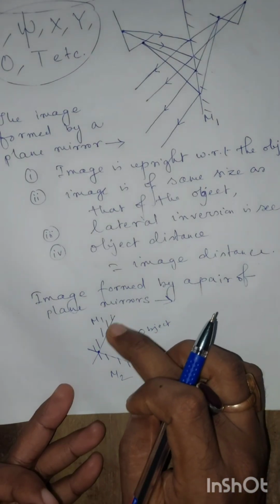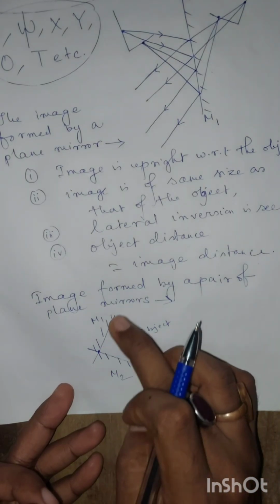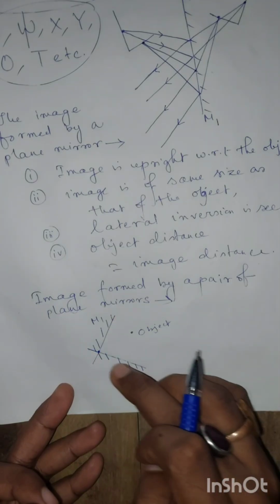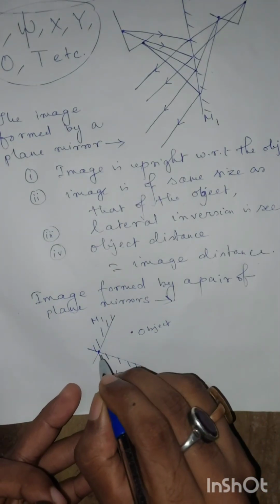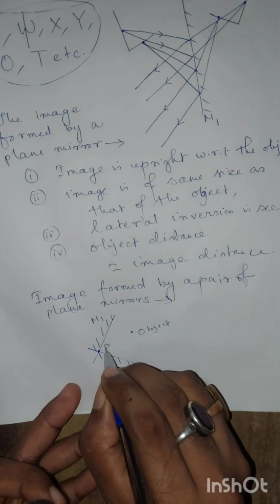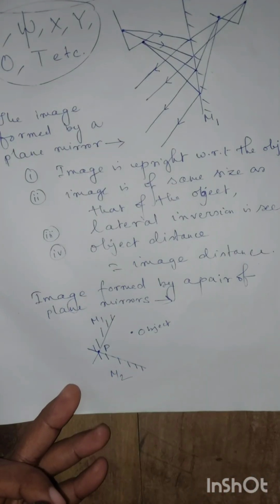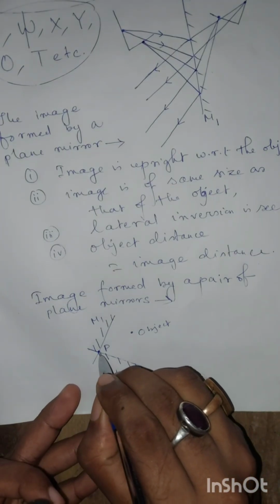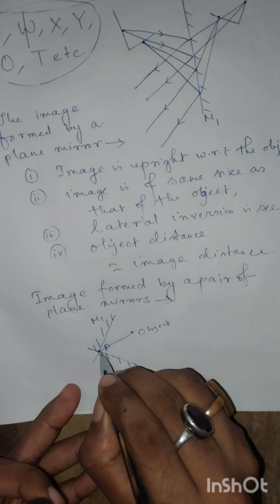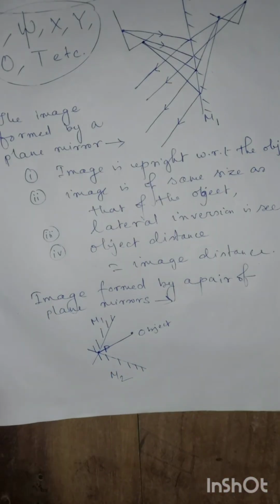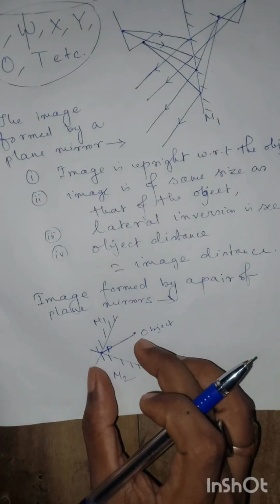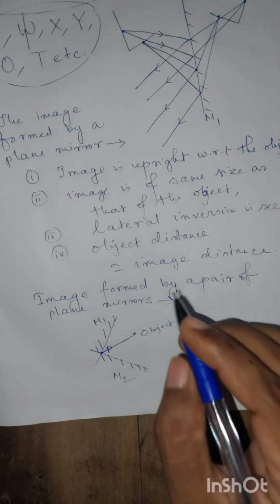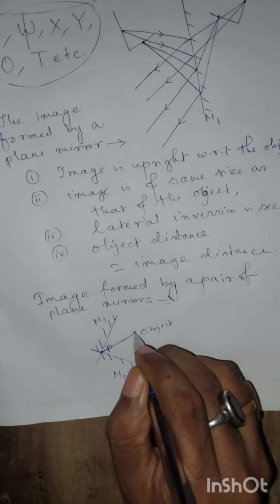okay, let us assume this is the point of intersection of these two mirrors. Let us call it point P. If we join these 2 points, we get a line segment, and using this line segment as the radius, we can draw a circle.